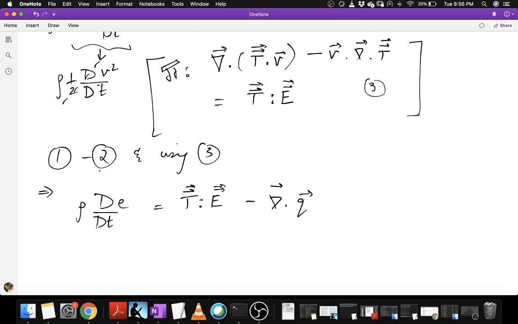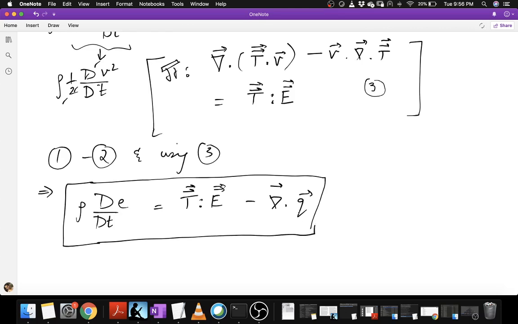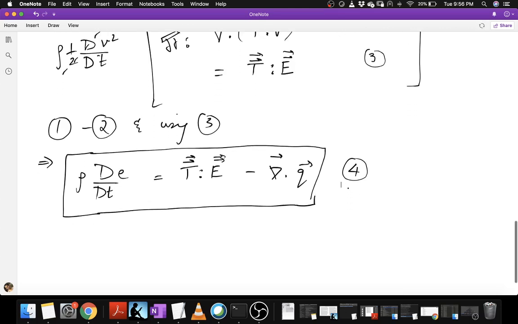All right, so this is our internal energy equation, which let me call 4. So what is the meaning of T double dot E? Well, it means that you take every component of the stress tensor, multiply it with the corresponding component of E, and then add up all that stuff together. So it gives you a scalar in the end.